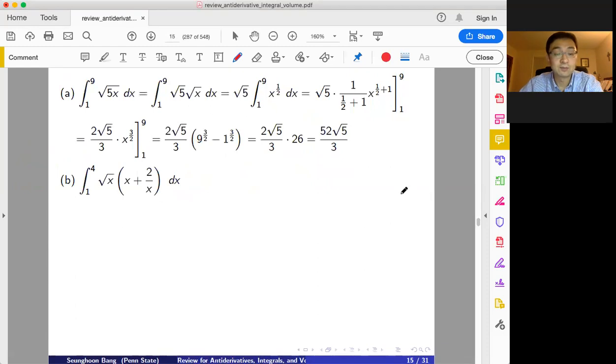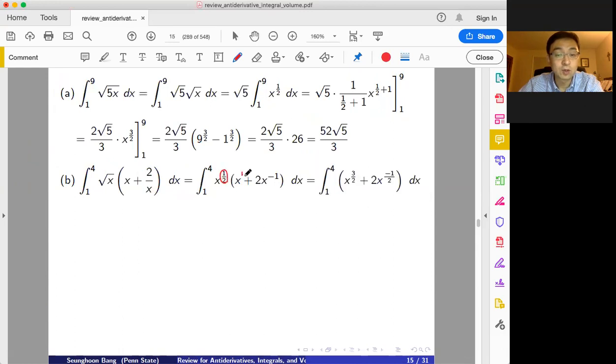So, second problem. This is a product of two functions. What is the best way? Don't use u substitution here. So change root x to x to the 1/2. So we have x to the 1/2 times 2 plus 2 times x to the minus 1. Next, distribute x to the 1/2.